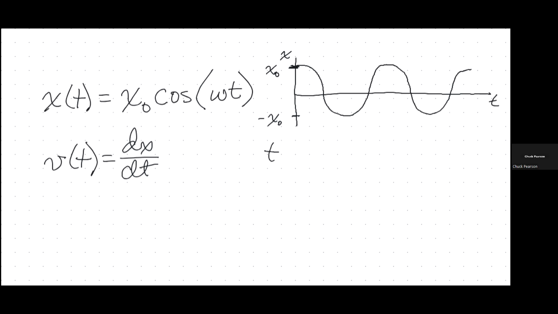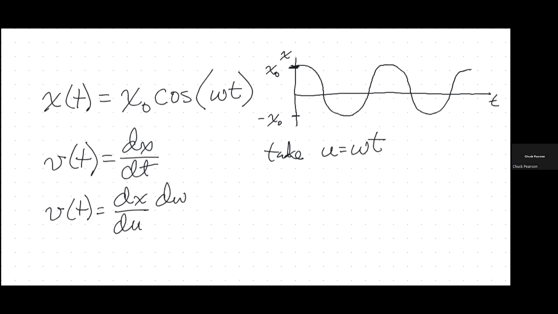Let's take omega t and define it as u. So what we can do is take the derivative of x with respect to u, then take the derivative of u with respect to t.